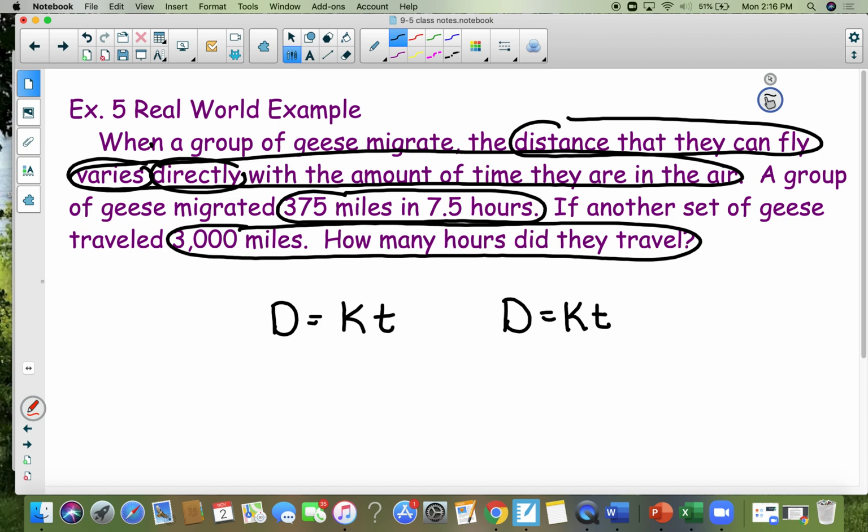This one right here, let's change the color. This one right here is going to help us find the K. The distance, 375, and the time is the 7.5. So to find K, all I'm going to do is take 375 and divide it by 7.5.